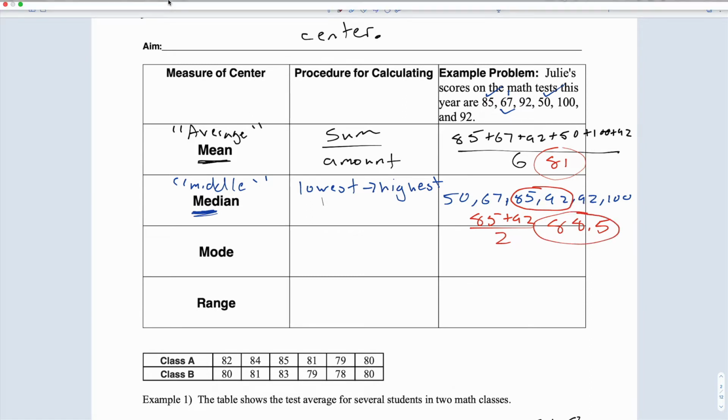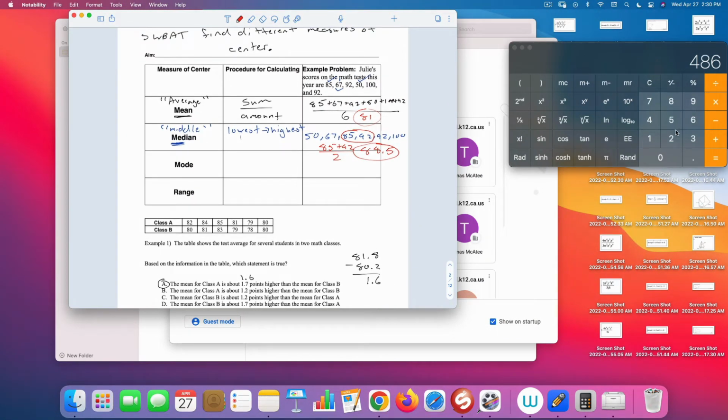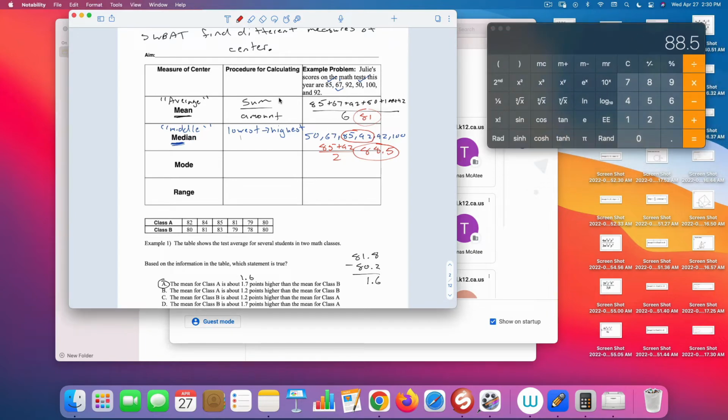Question on that, raise your hand. All right, let's make sure we're doing this correctly. When you hit 85 plus 92, you need to hit equals and then divide by 2. If you did 92 divided by 2, it's going to divide that number by 2 and then add 85. Don't do that. You have to hit equals.